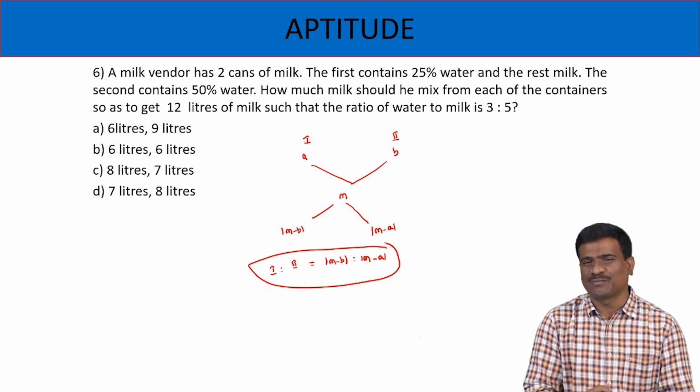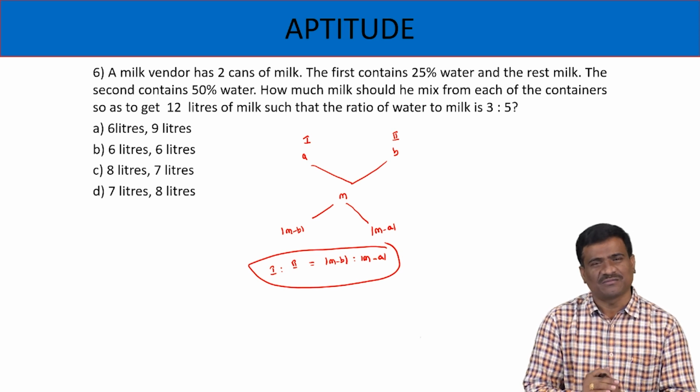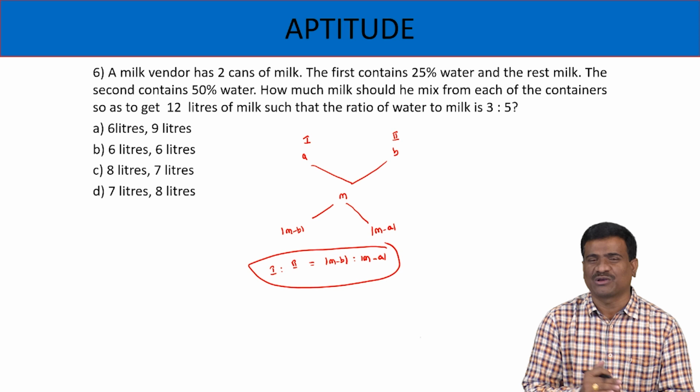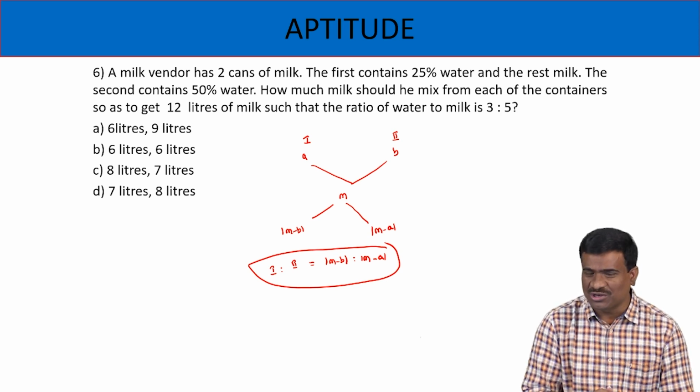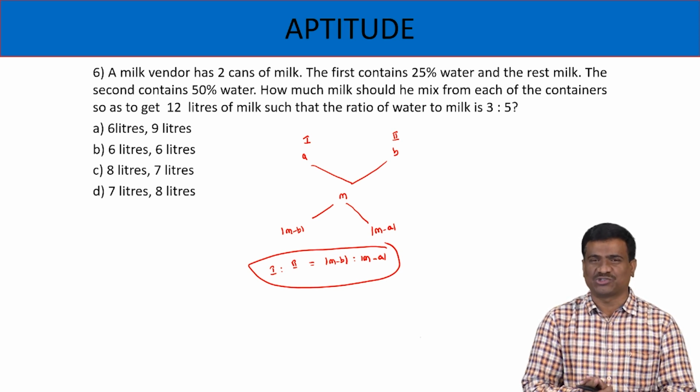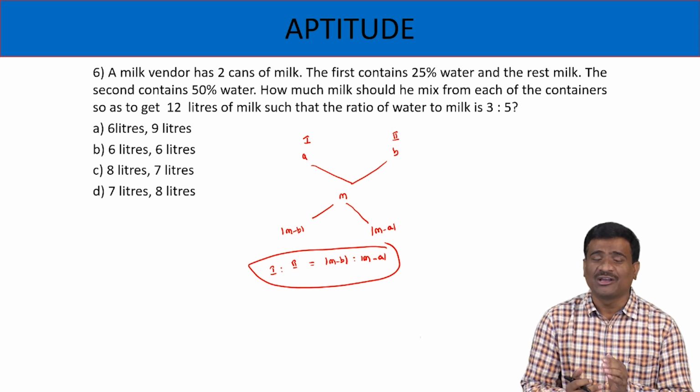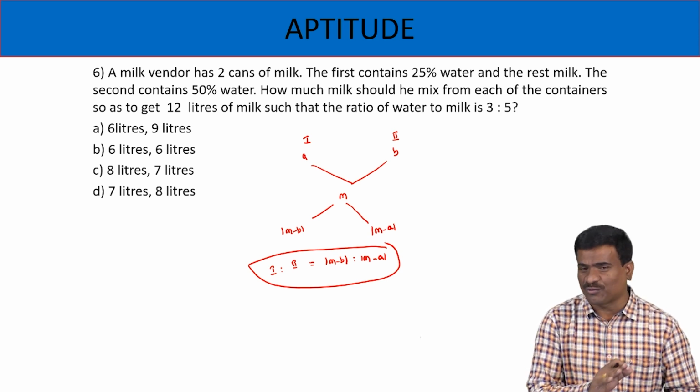But in this example, water is not considered because its price is 0, and 0 into something is equal to 0. Here calculate only the milk price, not the water price.